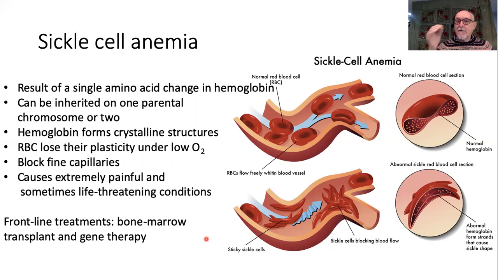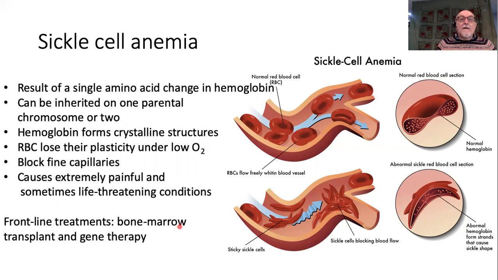So you inherit it from your parents, and you can inherit either from the mother or the father or from both. And there is a difference in disease presentation if you have it from only one parent or from both parents. It's much more severe usually in those who have it from both parents.